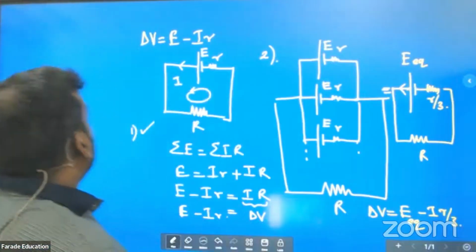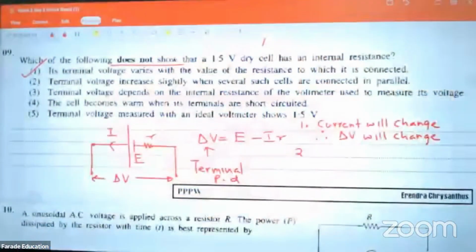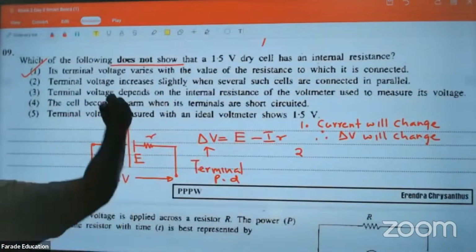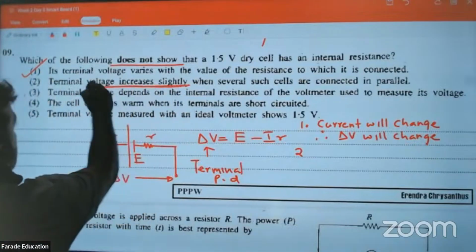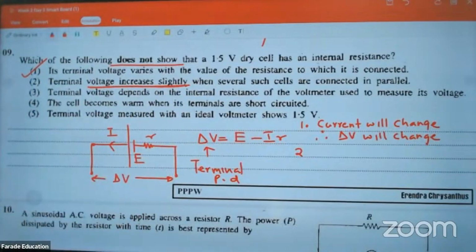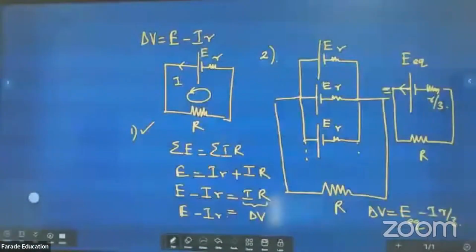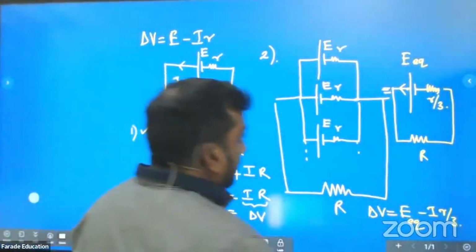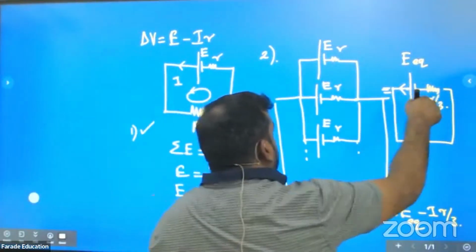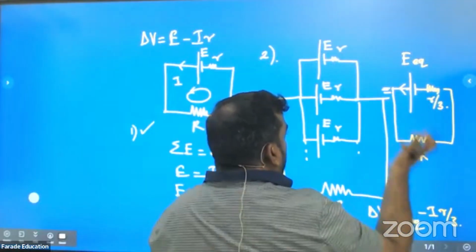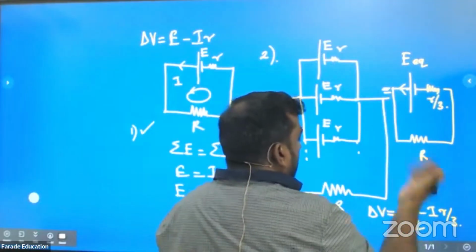Please look at the board carefully. What are they asking you? Terminal voltage increases slightly when several such cells are connected in parallel to each other. Here, effective resistance has reduced, so current will increase.